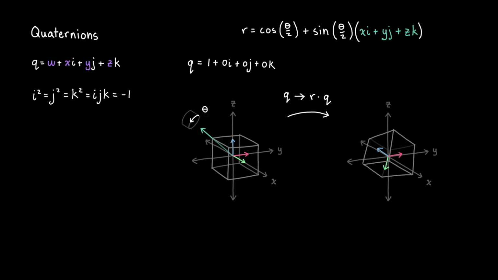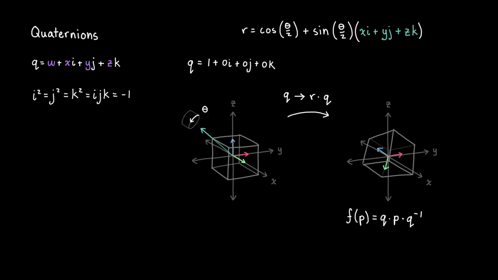To calculate the position of a point that's oriented according to q, we perform quaternion vector multiplication, which you can think of as a function that takes in a point as input and returns its transformed position by multiplying the point by q on the left side and also multiplying by q's inverse on the right side.